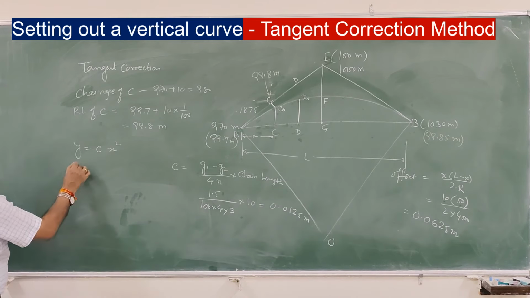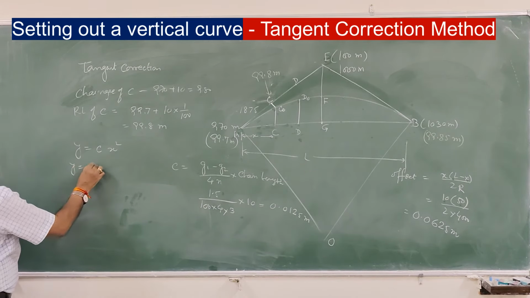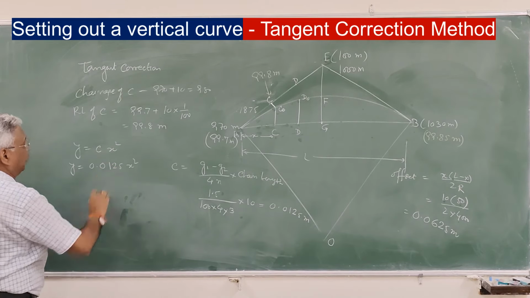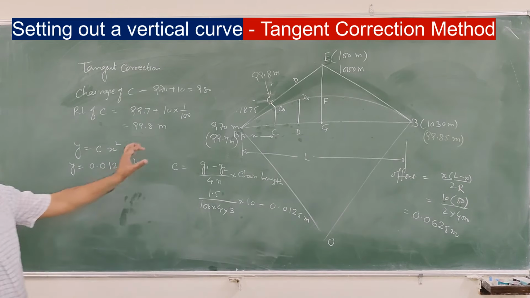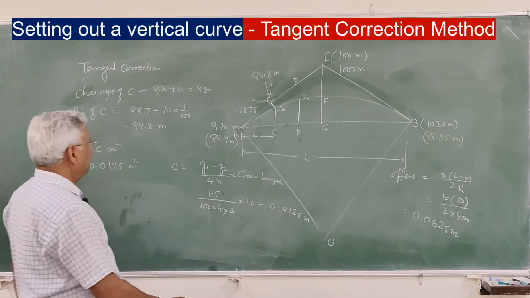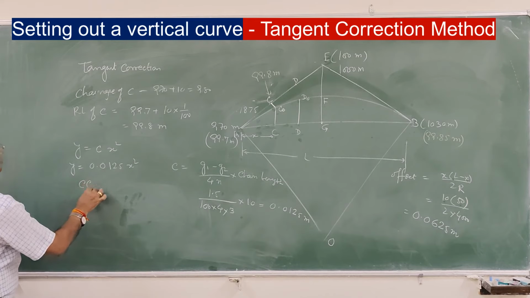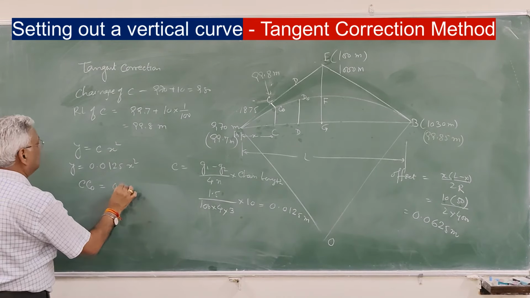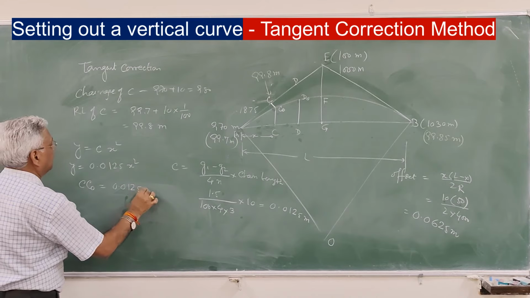So y is 0.0125 x square. The first correction CC0, the first correction will be, when x is 1, 0.0125 meter.